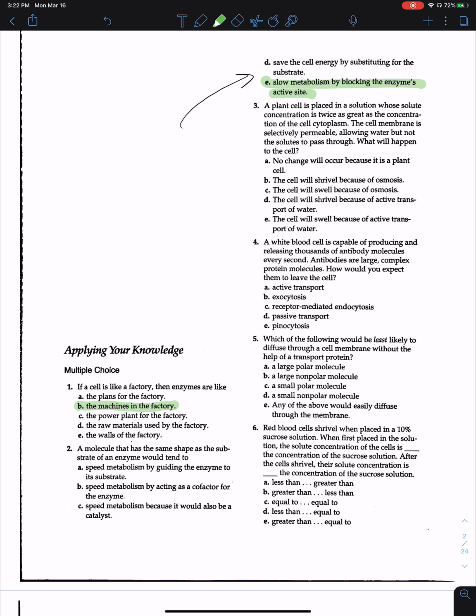There's something that could potentially take the same spot an enzyme would want to take. So in that case, it would slow down metabolism. Metabolism being the sum total of all the chemical reactions happening in your body. So when people say, oh yeah, you must have a fast metabolism, what that is referring to is that your body's able to break stuff down quickly. Okay?